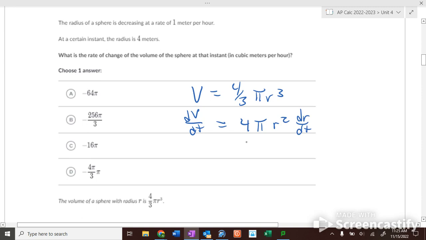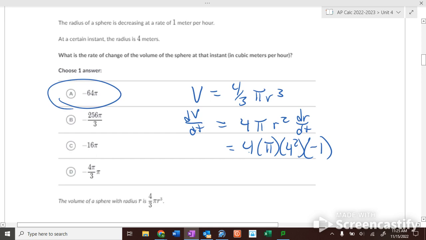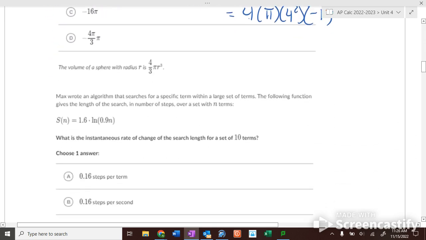At a certain instant, the radius is 4, and the radius is decreasing at 1 meter per hour, so that's negative 1. We're looking at the rate of change of the volume. So 4 times 4 squared is 64, so 64 pi times negative 1 is negative 64 pi.